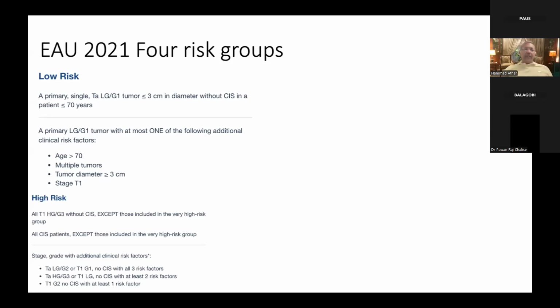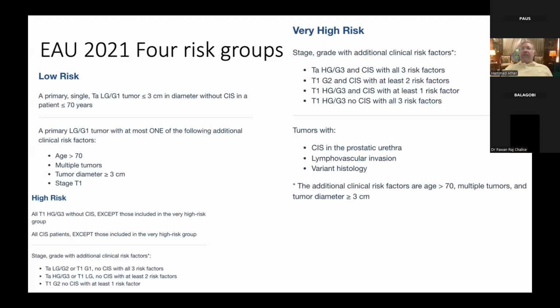The high-risk patients have high grade, either high grade or G3. Both systems have been used in this classification, without carcinoma in situ. The very high-risk patients have various combinations which are defined here in the table, in which the 3 risk factors are age, multiple tumors, and tumor diameter greater than 3 centimeters.